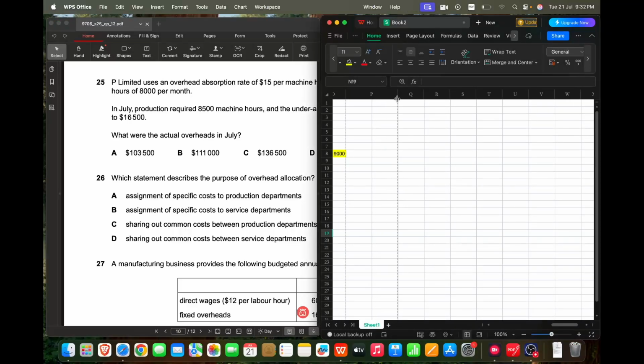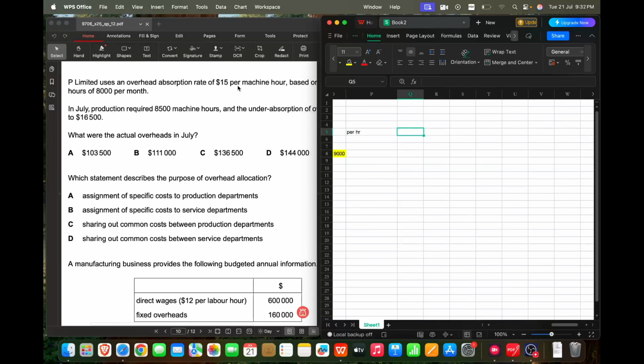So for budgeted overhead, they said that per hour we will pay $15 per machine hour. Okay, so when we actually produced product in July, we required 8,500 hours.